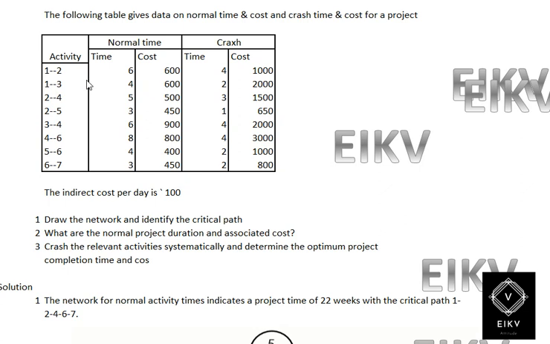And then going to next activity 1 to 3, the actual duration will be 4, the cost will be 600, which can be reduced by crashing to 2 days but the cost will be increased to 2000.